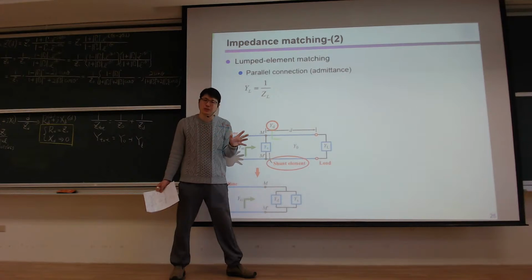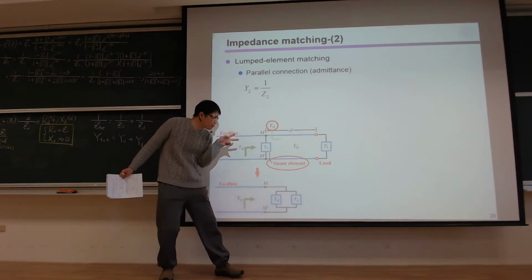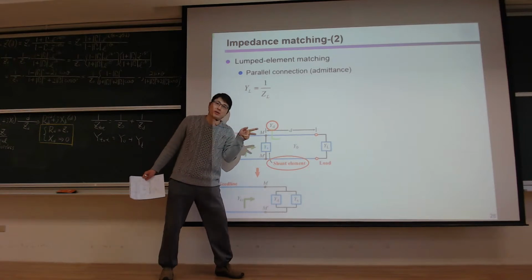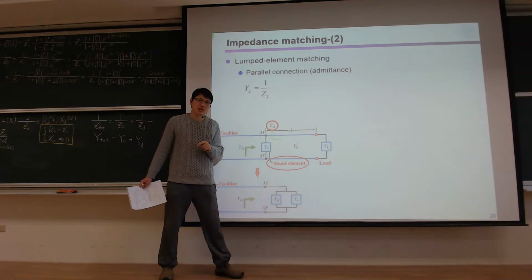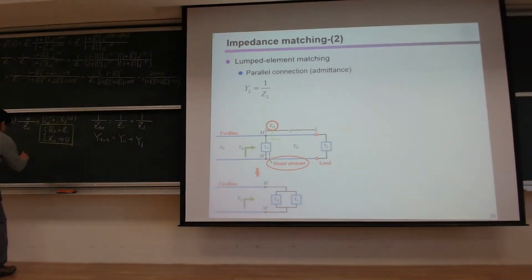It still has a real part and an imaginary part. But somehow I can kill the imaginary part by shunting. Shunting means connecting something in parallel to remove the imaginary part.